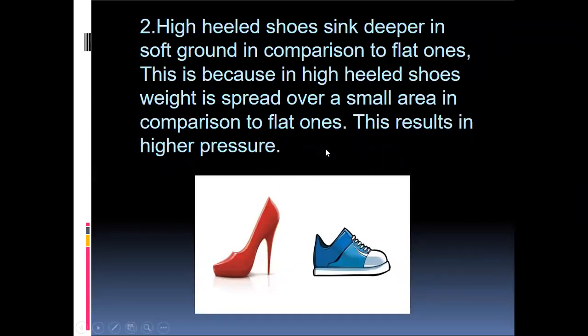High heel shoes sink deeper in soft ground in comparison with flat shoes. This is because in high heel shoes, weight is spread over a small area in comparison to flat ones. This results in a high pressure in high heel shoes.